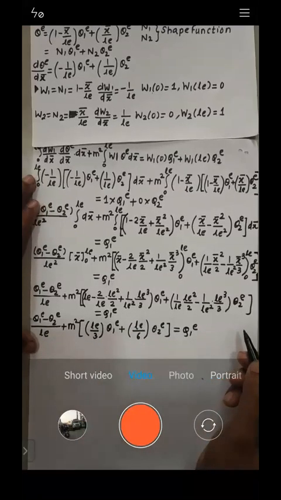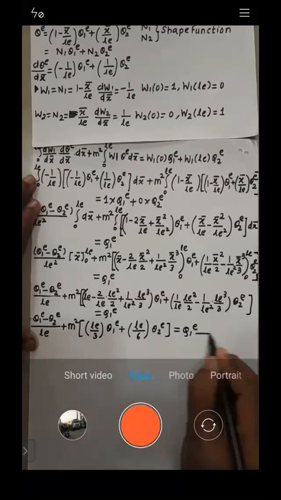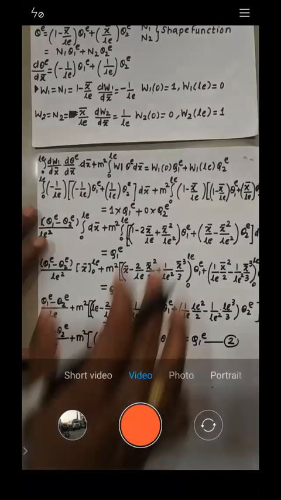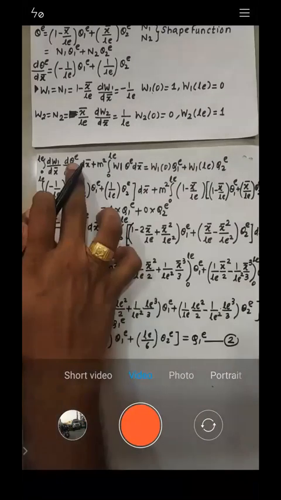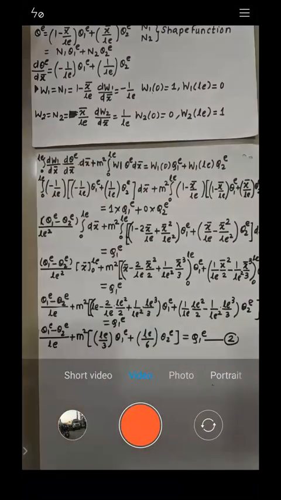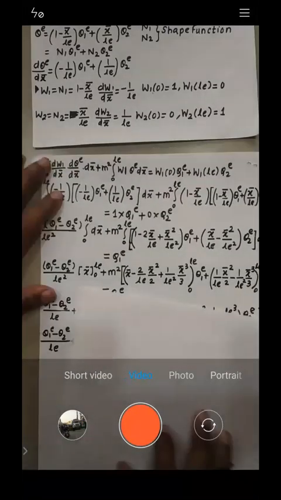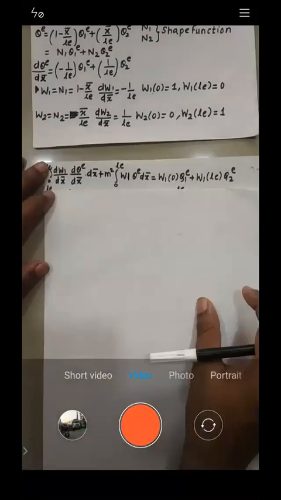So let me call this as equation number 2. See, this you got by taking only first weight function, right? Similar exercise we need to repeat considering a second weight function, right? So let me write down this equation with second weight function.